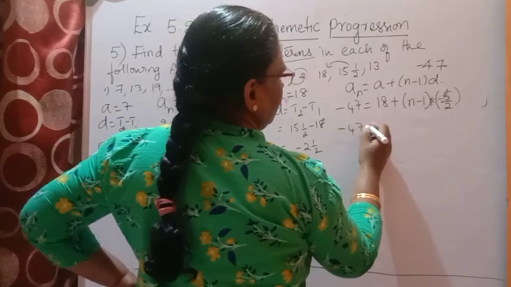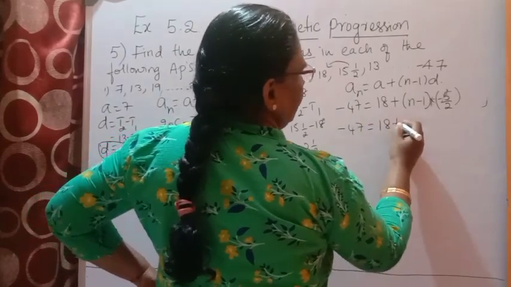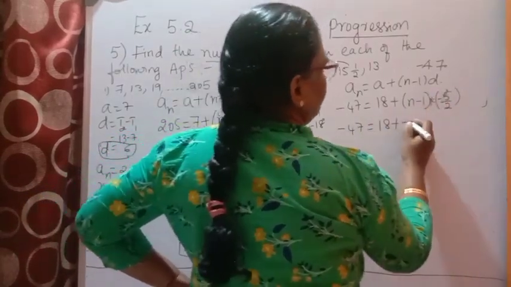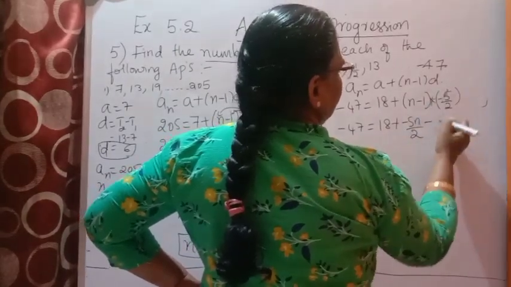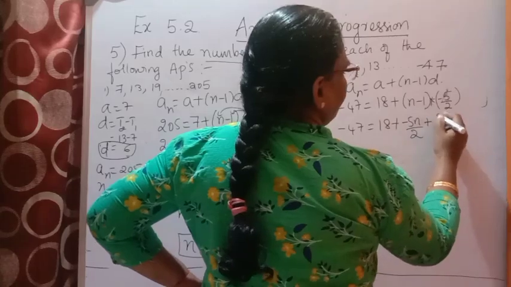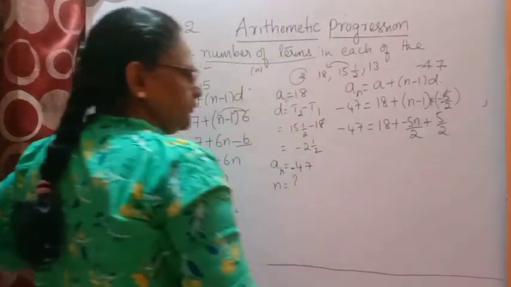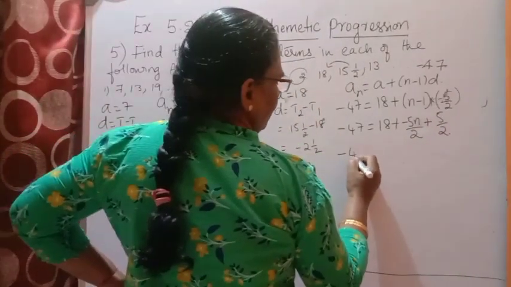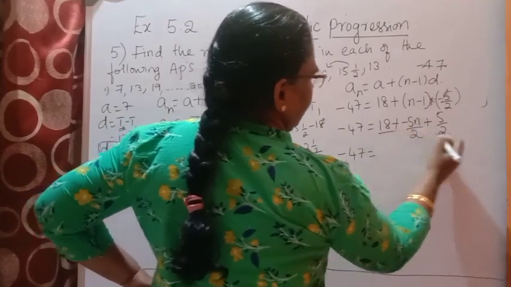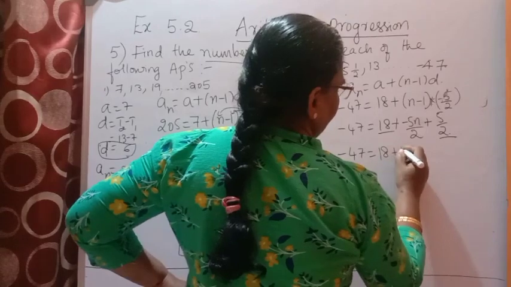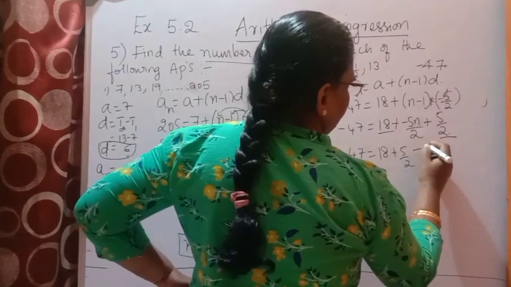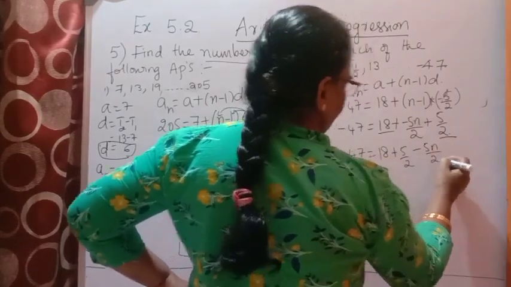Minus 47 is equal to 18 plus n minus 1 into minus 5 by 2. Minus 5n by 2. Minus into minus is plus 5 by 2. Okay. Minus 47 is equal to 18 plus 5 by 2, how much? 18 plus 5 by 2 minus 5n by 2.